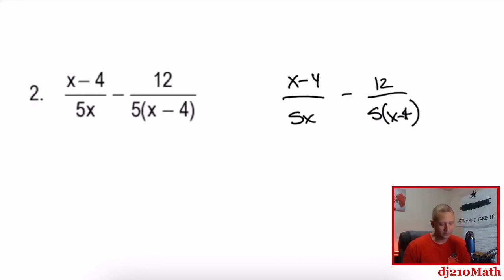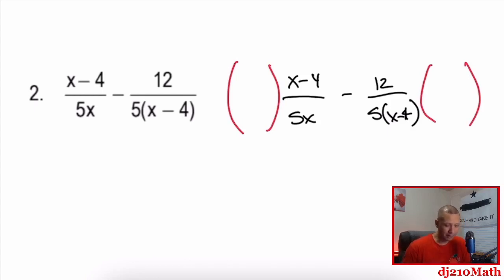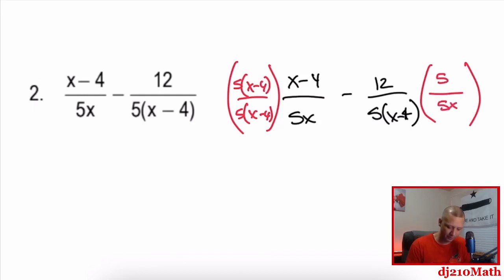All right. So here we have to multiply by some things, right? Okay, so the easy route, and this is what I was saying earlier, you just look at whatever the other denominator is. 5x minus 4, top and bottom, 5x minus 4. Right hand side, 5x over 5x.